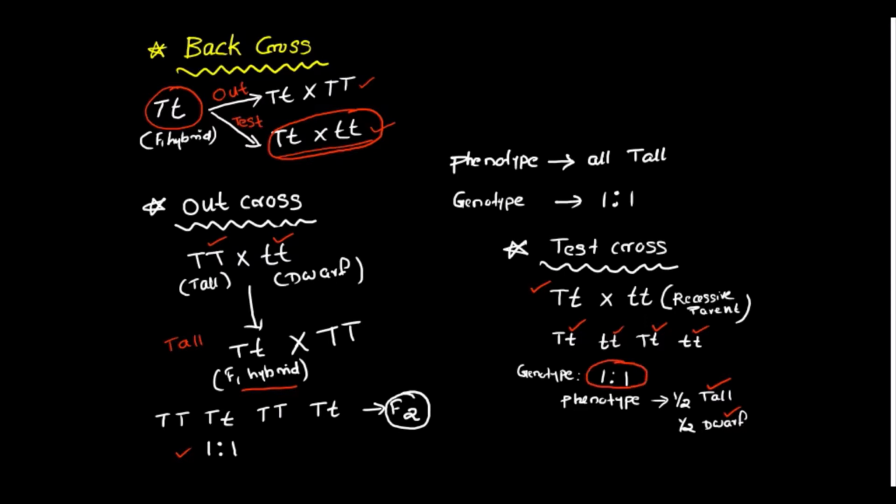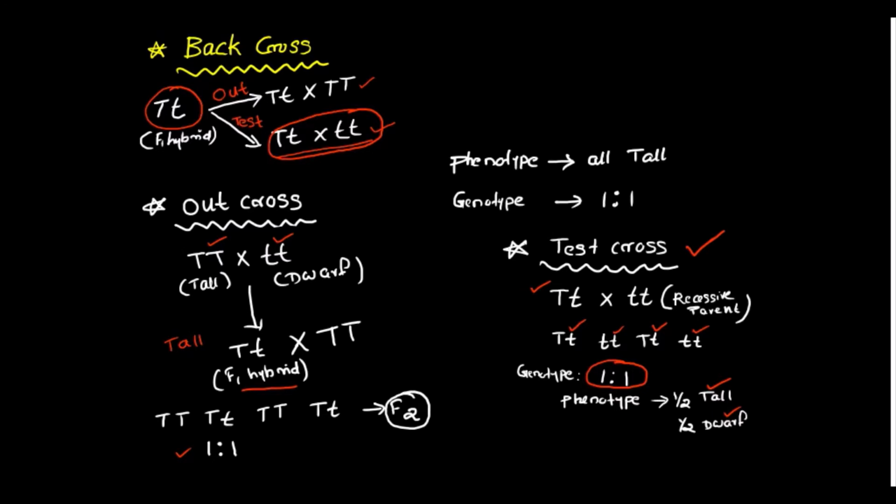So this backcross is a type of test cross, but all the backcross is not test cross. In backcrossing, we are crossing a hybrid with any of its parents or an individual genetically similar to its parent.